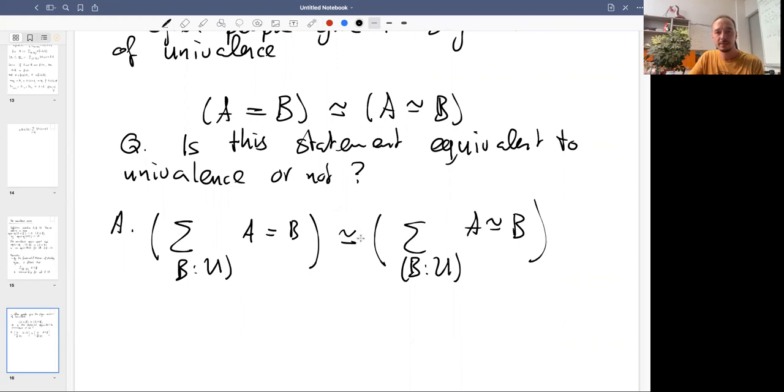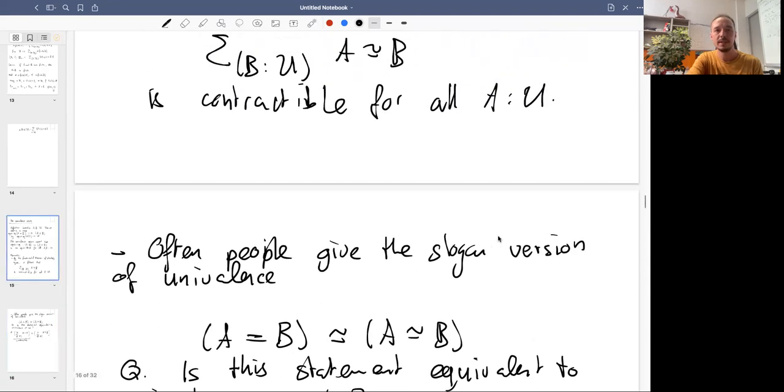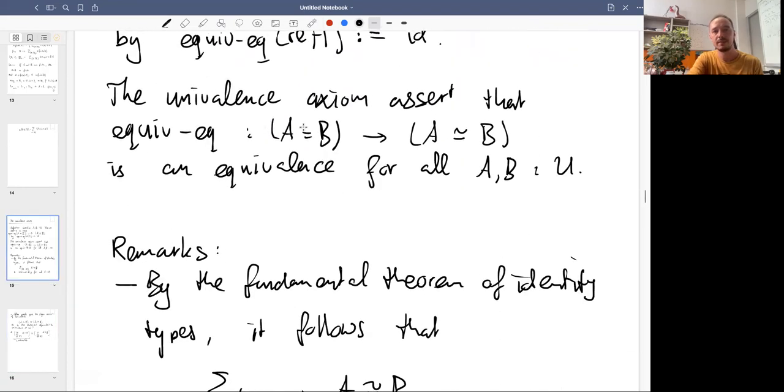But once you have this equivalence, now you observe that this is always contractible. So by having this equivalence, we know that the total space of all equivalences from A to B is contractible. And now we can use the fundamental theorem of identity types to conclude that this map must also be an equivalence.